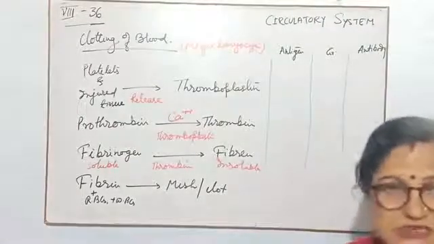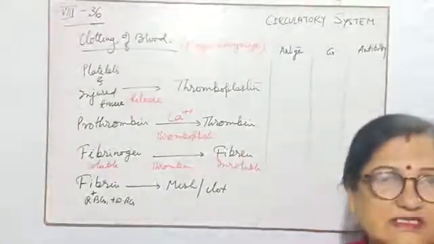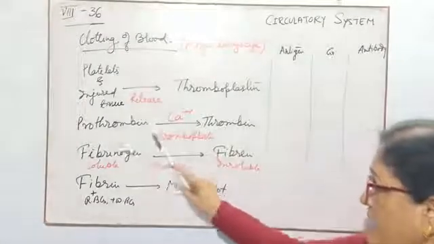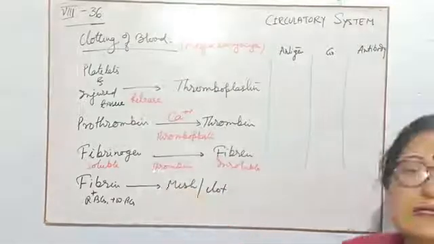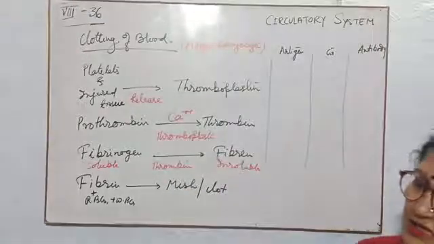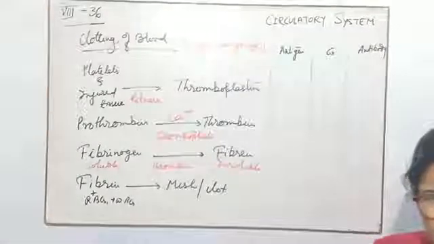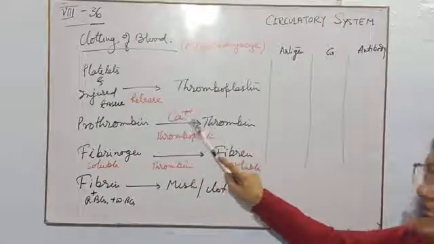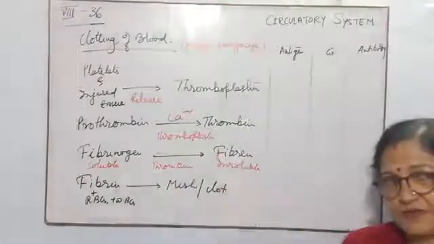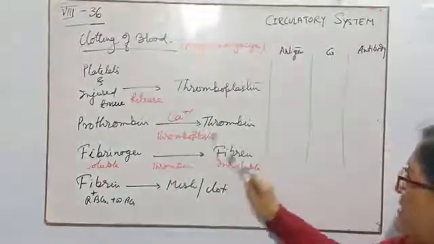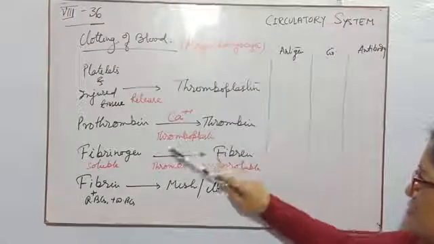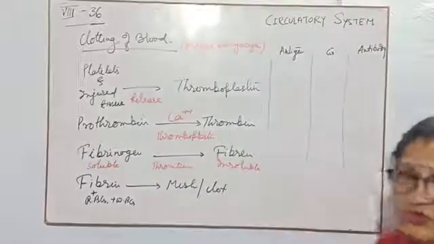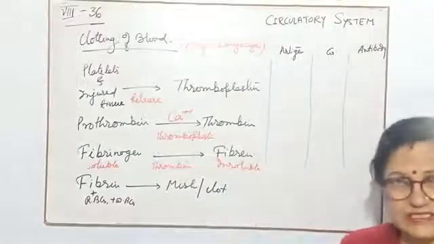Afterwards, in higher classes, you can study why they are released in an inactive form. To make them active, prothrombin needs the calcium ion present in our blood, and thromboplastin, which is secreted just now. So thromboplastin with calcium ion changes prothrombin into thrombin. This is the second step.